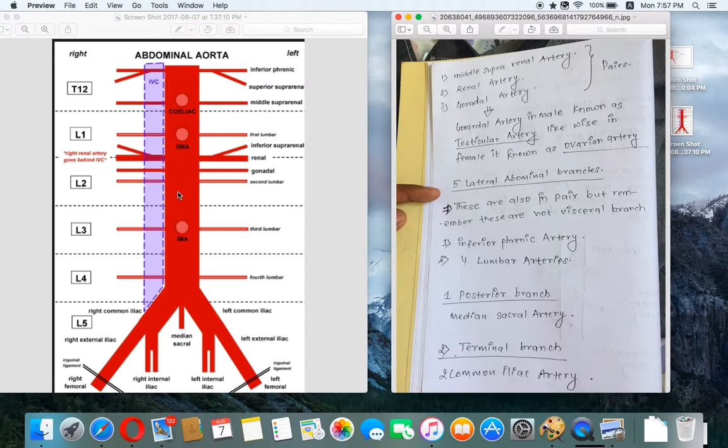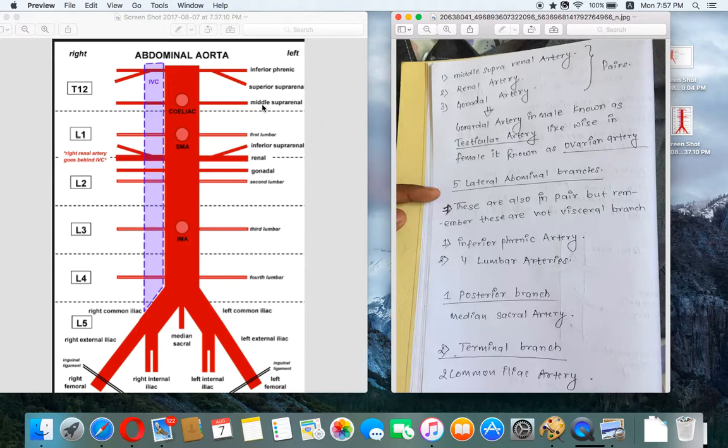The lateral branches that supply the organs are three in number, and the first is the middle suprarenal artery. Here we have the middle suprarenal artery, 1 and 2. These are in pairs.